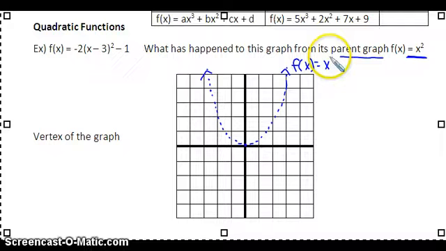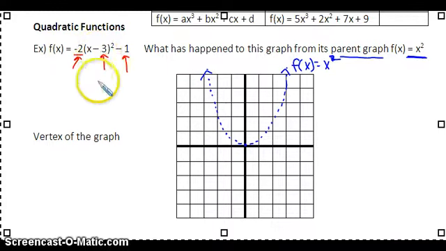And we talked a lot in the last chapter about the impact that the numbers that I add into my problem will have on my graph. So let's first talk about this -3 here. What this -3 will do is it will shift my vertex, which right now is at (0, 0), in the opposite direction, so left or right.